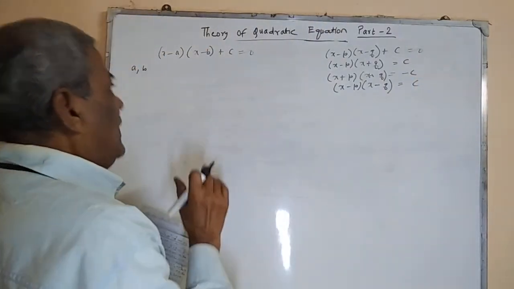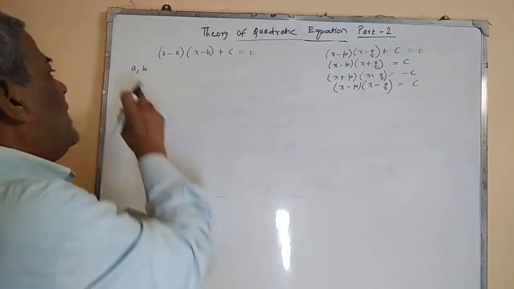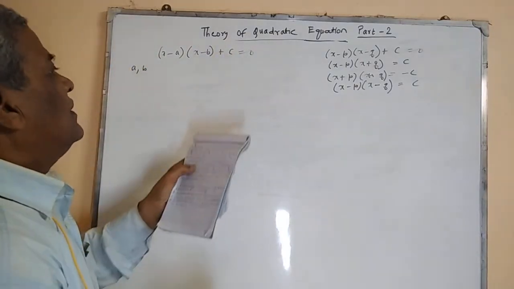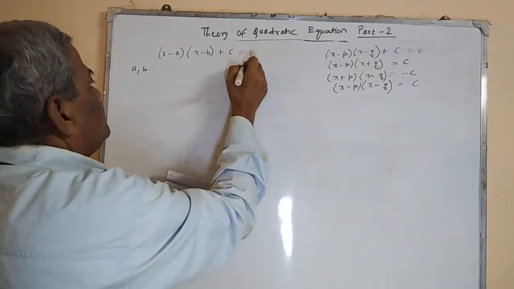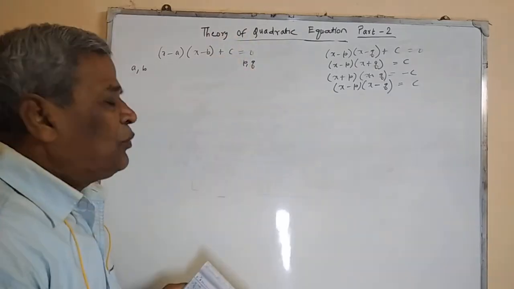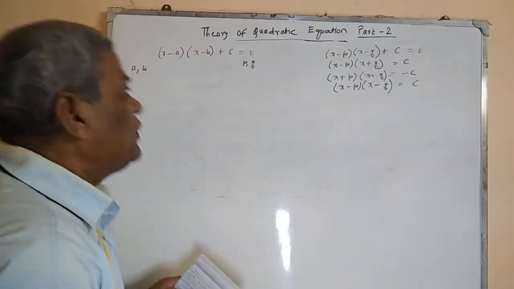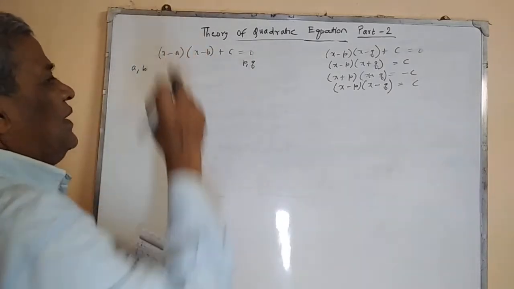The question is, this is a quadratic equation and its roots are p and q. Then we have to find a quadratic equation whose roots are a and b.